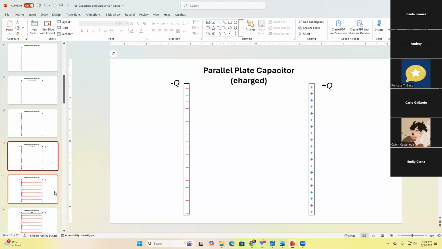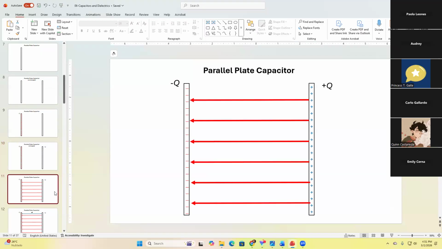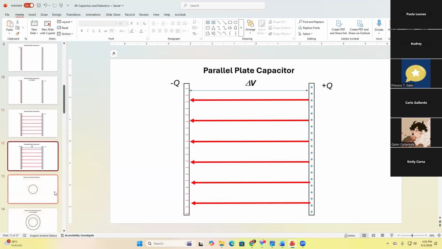When we do that, an electric field is created between those two plates. The uniform electric field goes from the positive charge to the negative charge, right? Here's the change in voltage, delta V. That's one example of a type of capacitor that we have out there in the market.